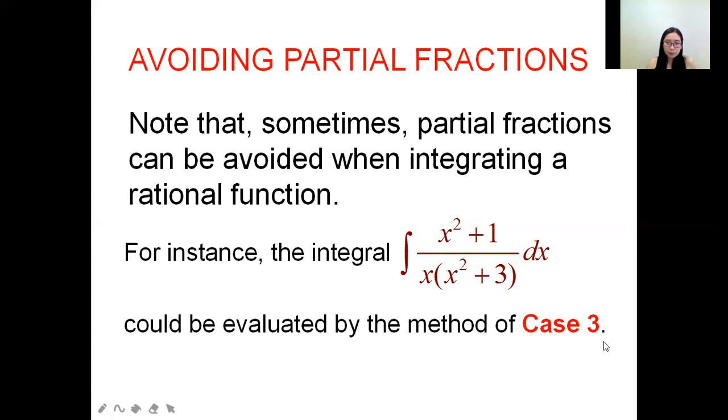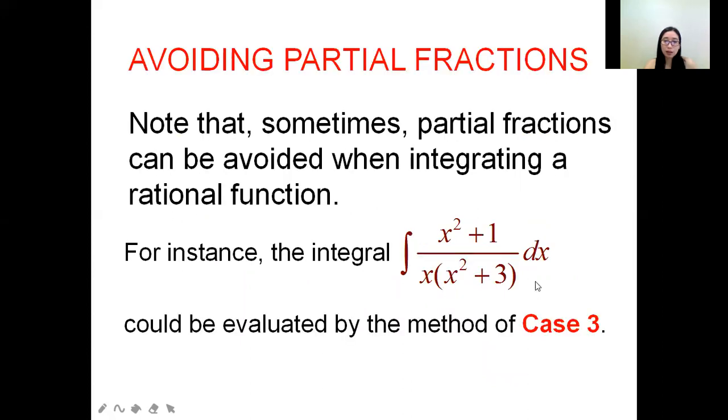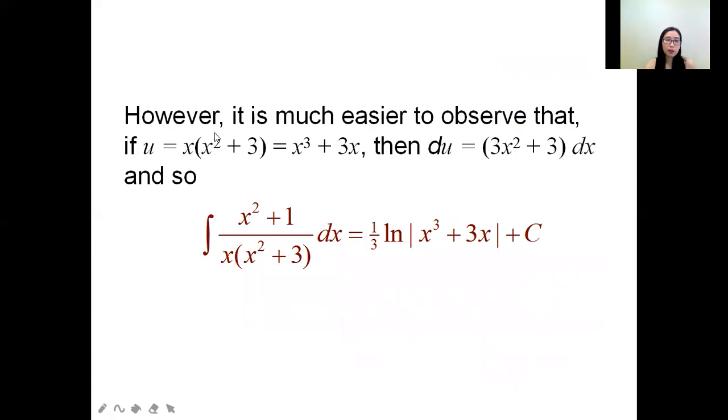So pagtanaw nato sa iya, okay? Magamit nato tong case 3 since this is an irreducible quadratic na factor, kini ang isa kini x squared plus 3. However, it is much easier to observe that we can use the chain rule. We can let u be equal to x times the quantity of x squared plus 3, which is, kung i-simplify na to, x cubed plus 3x, di ba? x cubed plus 3x.